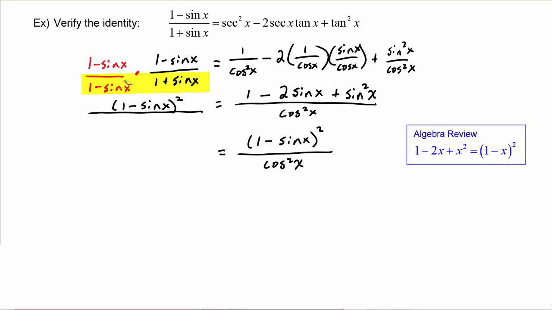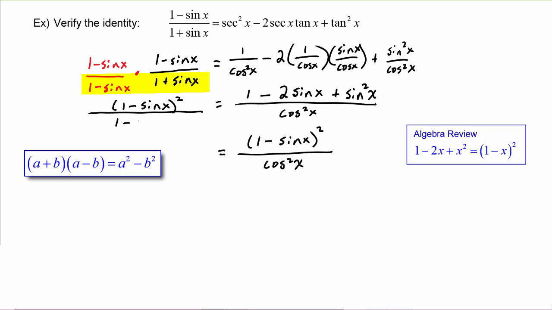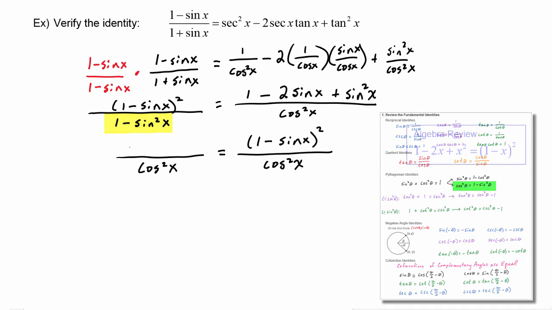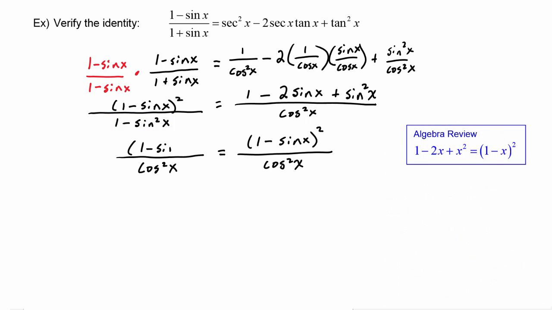Now in the denominator, we have 1 minus sine of x times 1 plus sine of x, which is 1 minus sine squared x, which we know we can use a Pythagorean identity to turn that denominator into cosine squared of x, and the numerator will stay the same. Now the left-hand side and the right-hand side are the same, so therefore we have verified this identity.